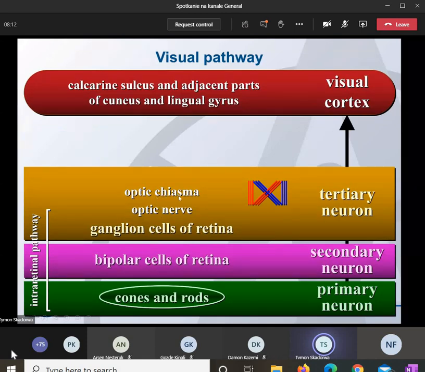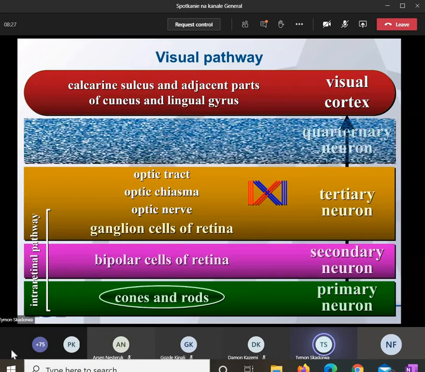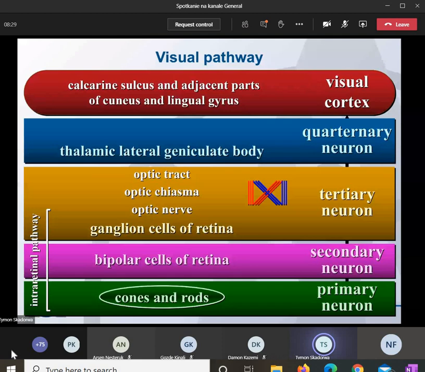A very nice structure to see at the base of the brain. Then the optic chiasma sends out symmetric optic tracts. So we have right and left optic tracts that run along the hypothalamus to reach the body of the quaternary neuron. So we have 4 distinct neurons here, and the quaternary neuron is located in the thalamic lateral geniculate body.